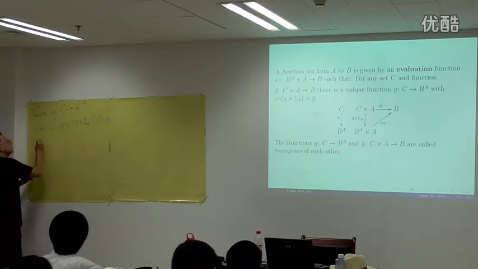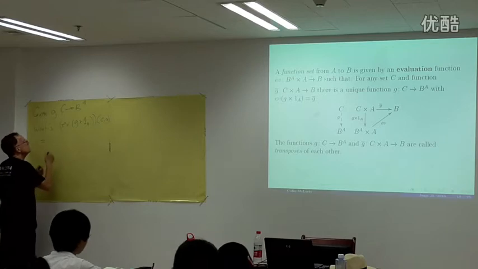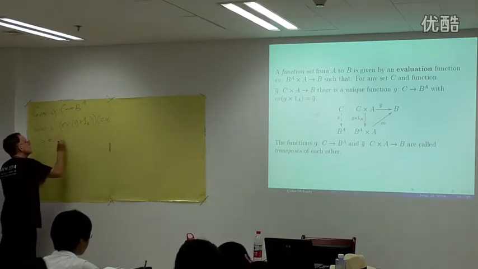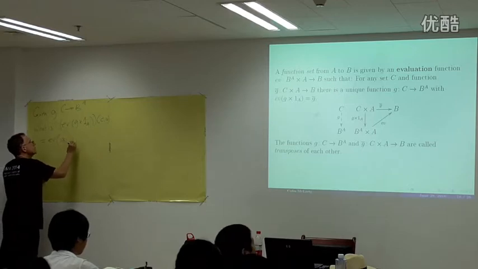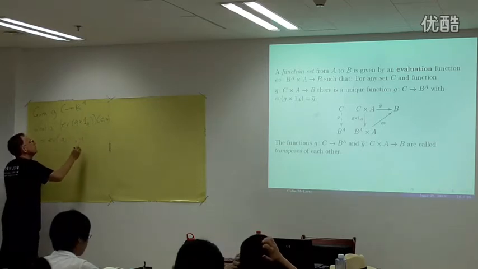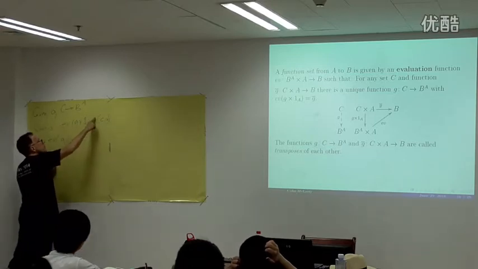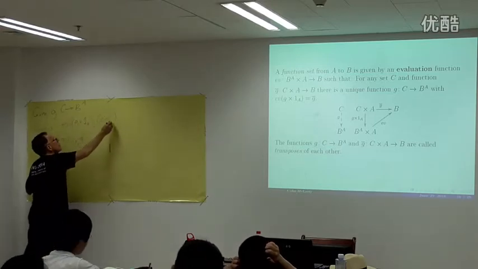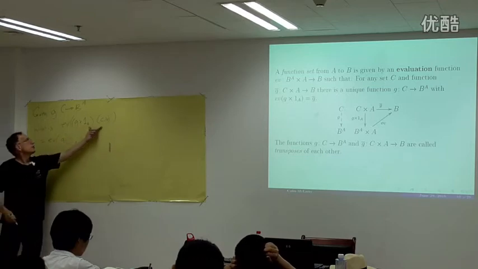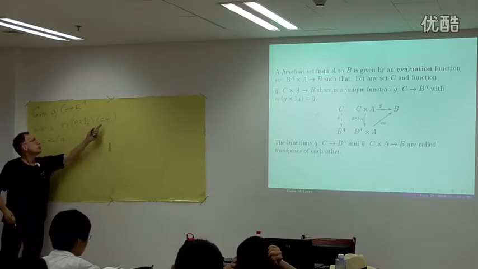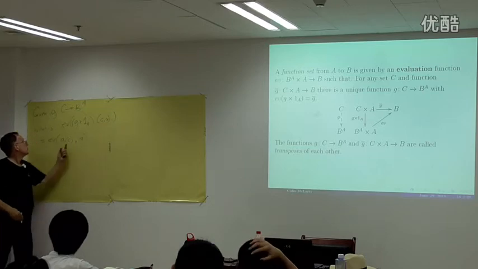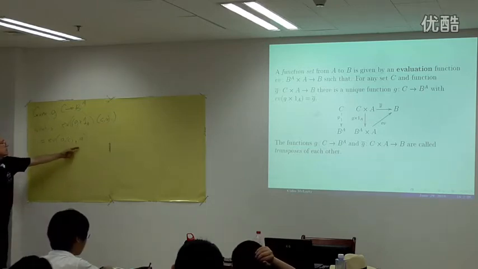Well, it's evaluation applied to G of C together with A. I'm redrawing the parentheses. I'm grouping it this way. This is G of C together with A. And what's the evaluation of G of C at A?